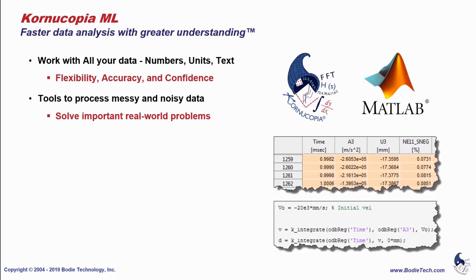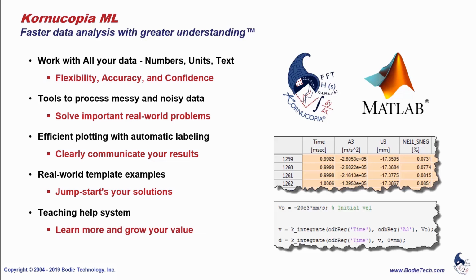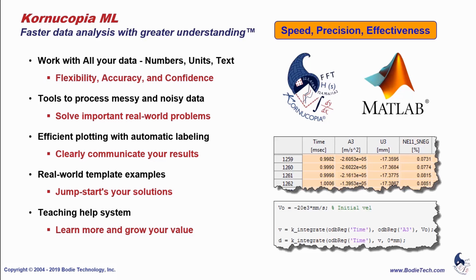There are tools to process messy and noisy data for solving important, real-world problems. With efficient plotting that has automatic labeling, you can quickly and clearly communicate your results. And our real-world template examples help you jumpstart your solutions. This is all supported with a teaching help system that allows you to learn more and grow your value. Kornucopia ML improves the speed, precision, and effectiveness of both you and your team.